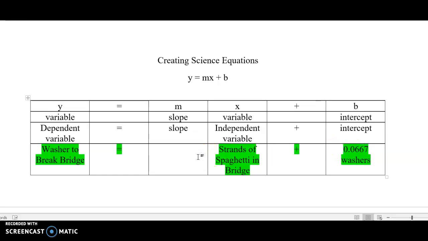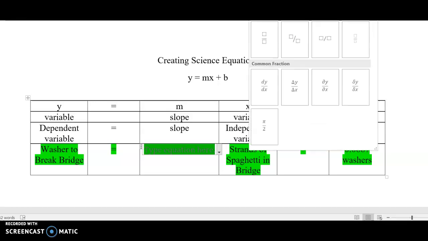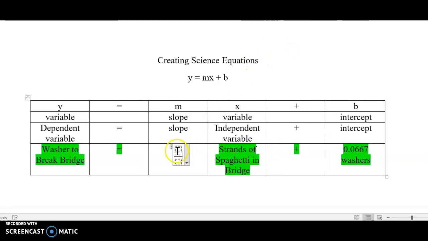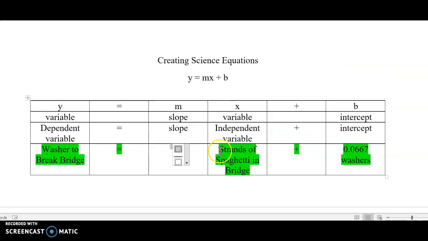For my slope, which is generally calculated using rise over run, there are actually 2 units in the slope. And so I most often write it out as a fraction. And the numerator of the fraction is provided to us on the graph, 1.59.